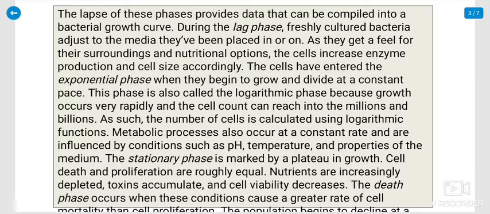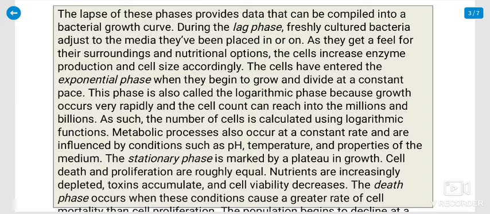This phase is also called the logarithmic or log phase, because growth occurs very rapidly and the cell count can reach into the millions and billions. As such, the number of cells is calculated using logarithmic functions.